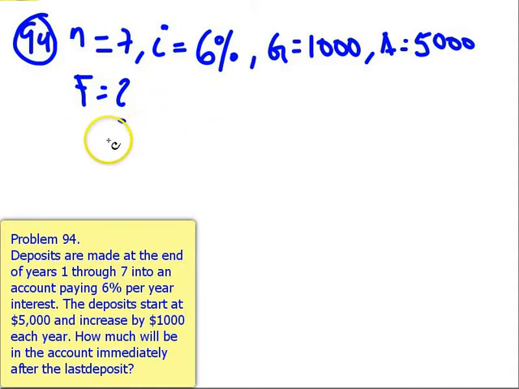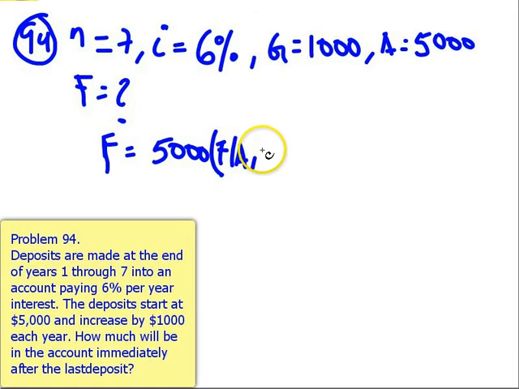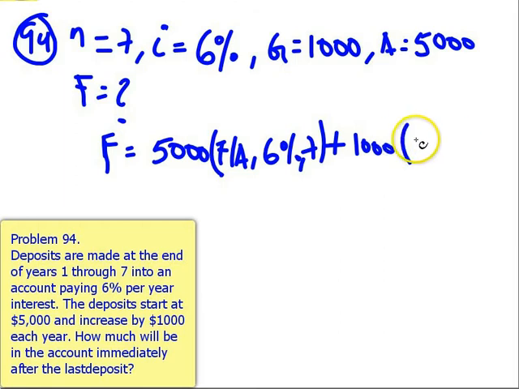The formulation of the problem would look like this: the future value is equal to $5,000, which is the annuity, times F given A, 6% and 7 periods, plus $1,000 times F given G for 6% and 7 periods.